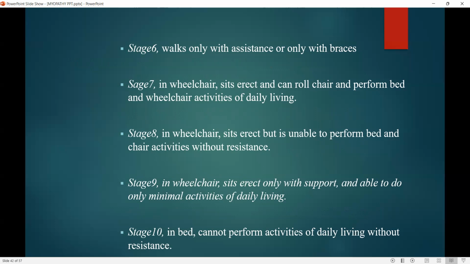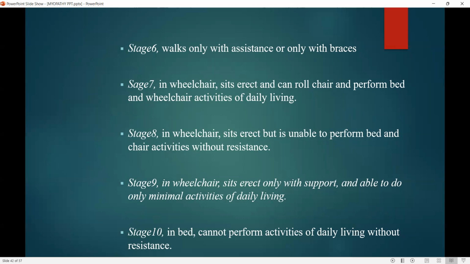Stage 7: in a wheelchair, sits erect and can roll the chair and perform bed and wheelchair activities of daily living. Stage 8: in a wheelchair, sits erect but is unable to perform bed and chair activities without resistance.